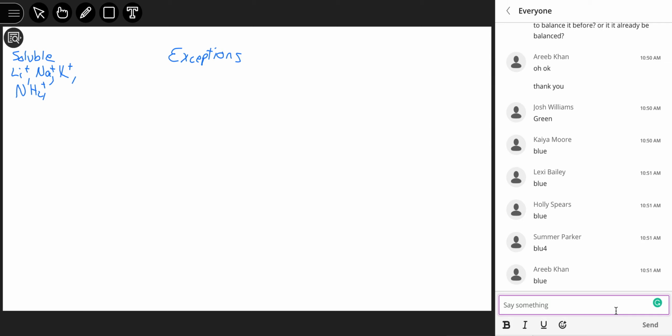And ammonium also. There are no exceptions to these 4 things being soluble. Right? And here are some more that have no exceptions. So these are all positive things. These are not negative things. Nitrate and acetate.